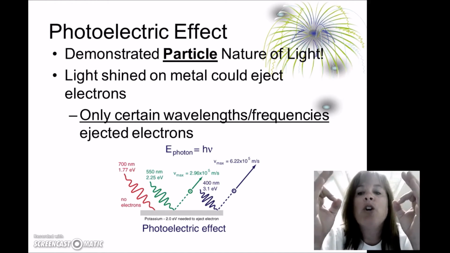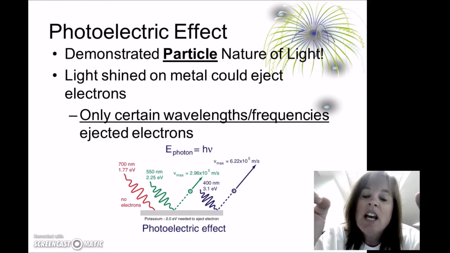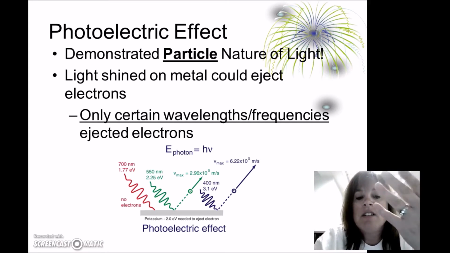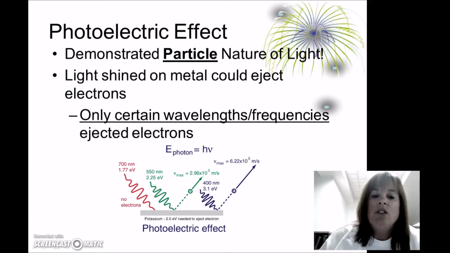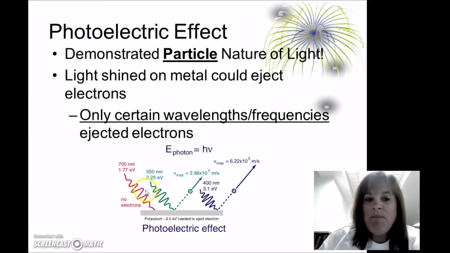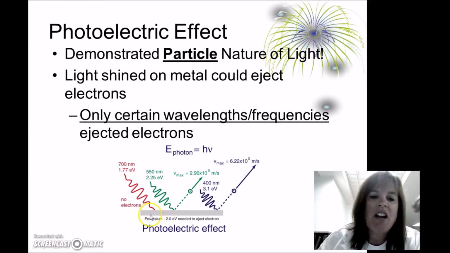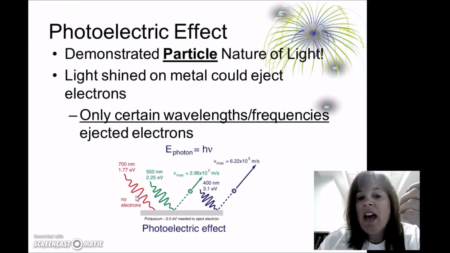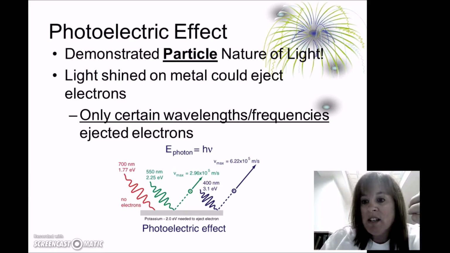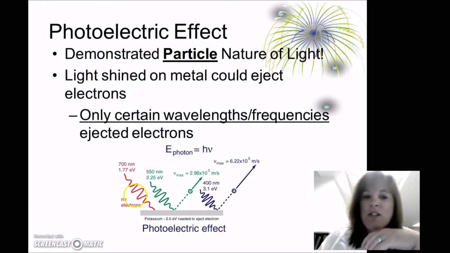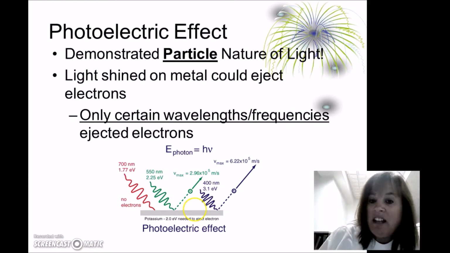So there had to be a critical amount of energy in order to get electrons to come out of the metal. So for example, with potassium metal, red light, nothing. Shine it all day long, nothing happens. But if we dial up the energy or the frequency, dial down the wavelength, right, inversely related, then I get electrons to come out.